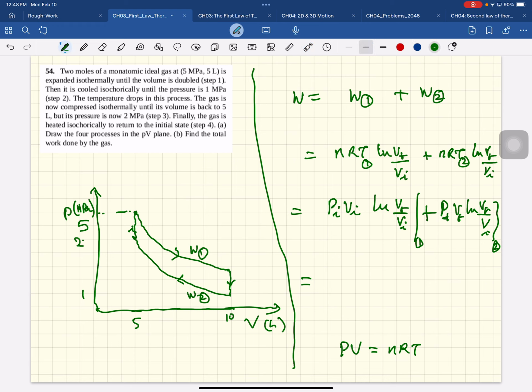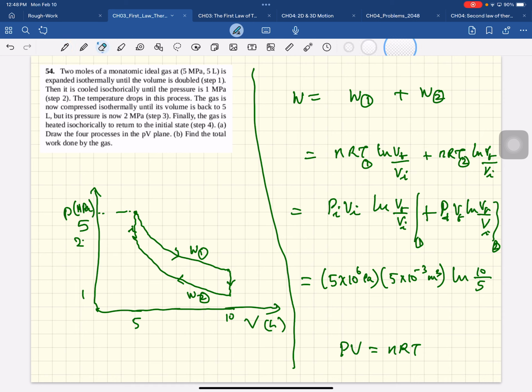Make sure we understand this: 5 megapascals, volume is 5 liters, log 10 over 5. The liters cancel, the units cancel, so that's just a ratio.